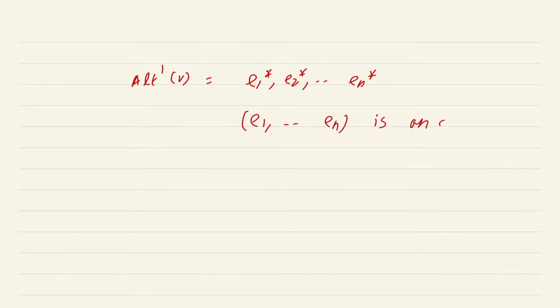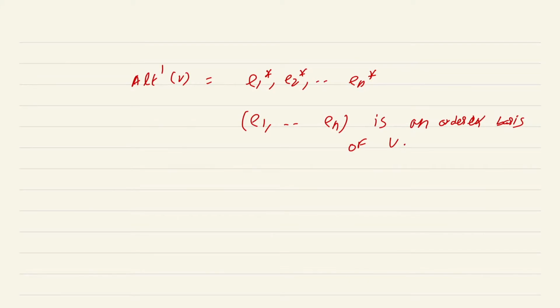We are going to get a basis for Alt^k(V). Now, of course, we already know a basis for Alt^1(V). This is just going to be e1 star, e2 star, ..., en star, where e1 to en is an ordered basis of V. So this is just the standard dual basis that you are familiar with.